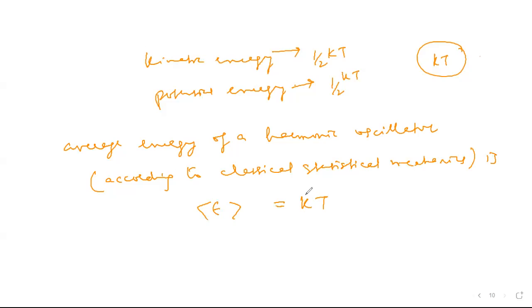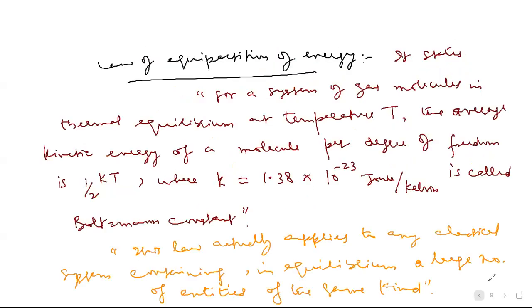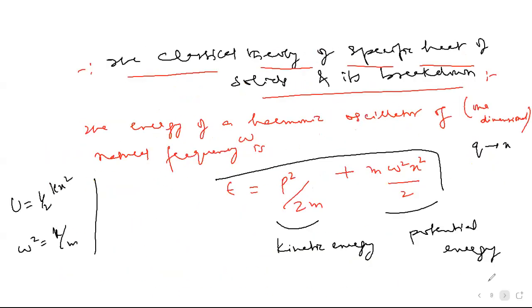T is absolute temperature, k is Boltzmann constant. I have told you already that.